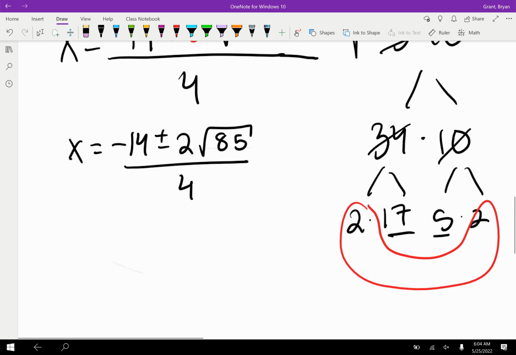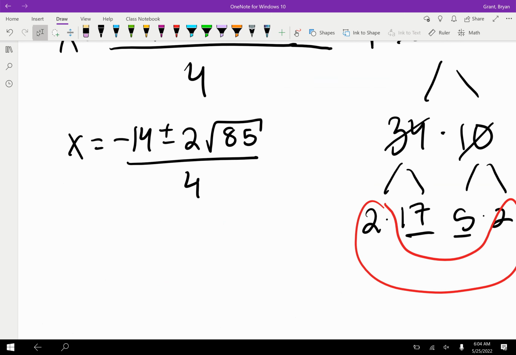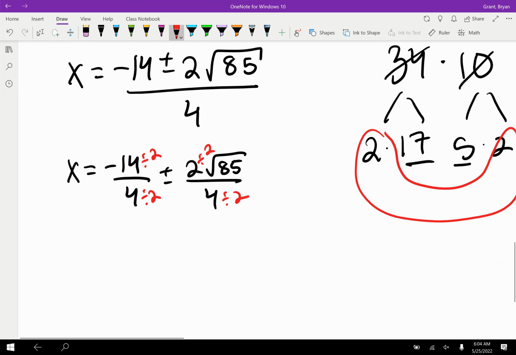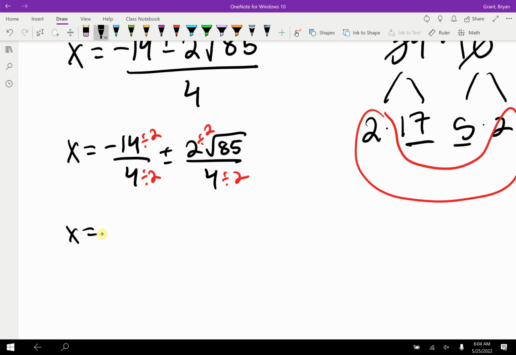Then, the last part is to realize that if you treat these as fractions, distributing the division, we can reduce these fractions. I can reduce by dividing by 2 and dividing by 2. And so what this gives me is negative 7 over 2 plus minus 1 square root of 85 over 2.